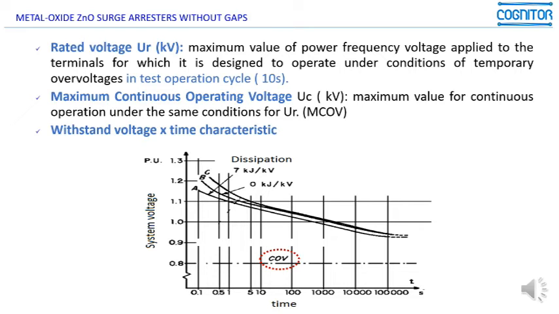This can be seen as an equipment having a time-voltage curve, where you have times with higher values, like the times of the temporary overvoltage displayed in chapter 6 of the training.